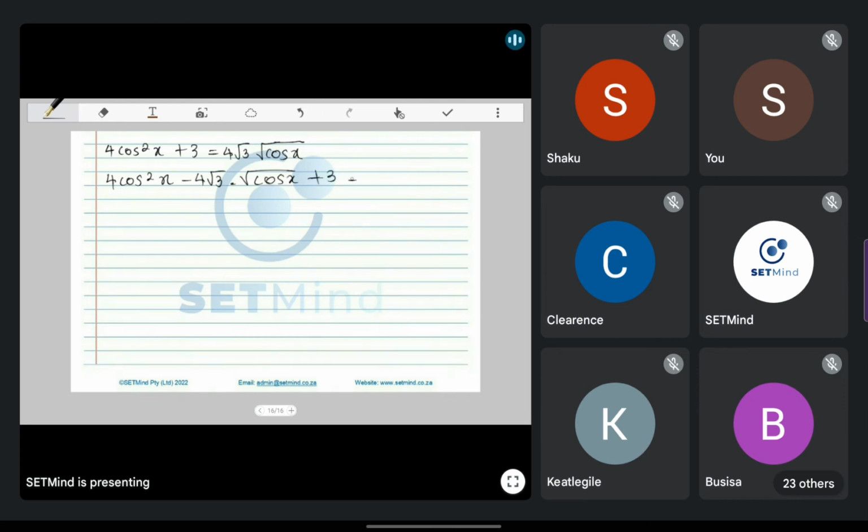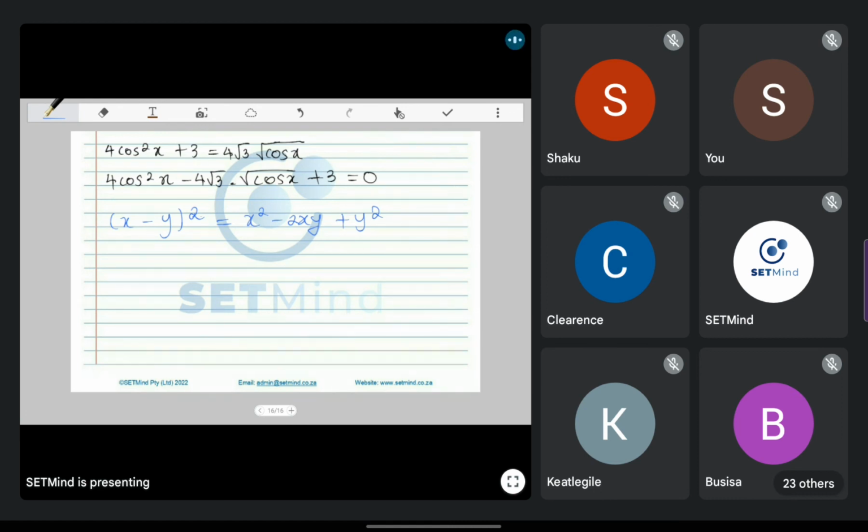So if you look carefully, we actually have the form of x minus y, squared. This is simply x squared minus 2xy plus y squared. So this is the form I see. And guess what?